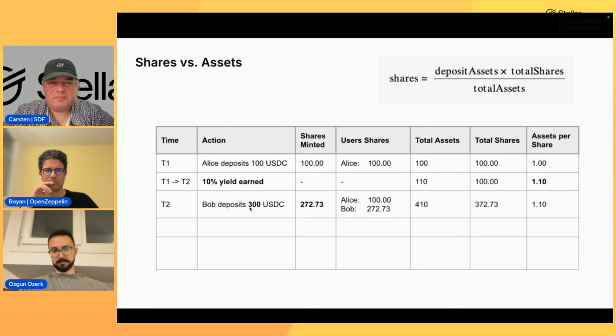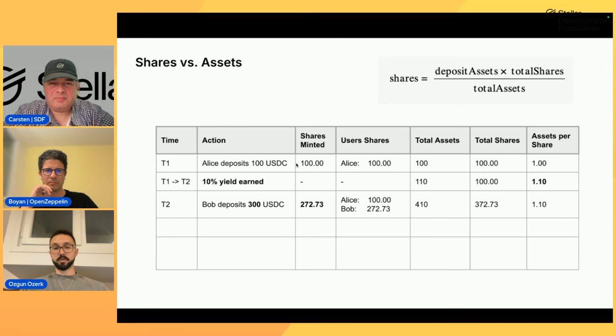And now Bob deposits 300 USDC, and we do this calculation, and Bob will get 272.73 shares in return.